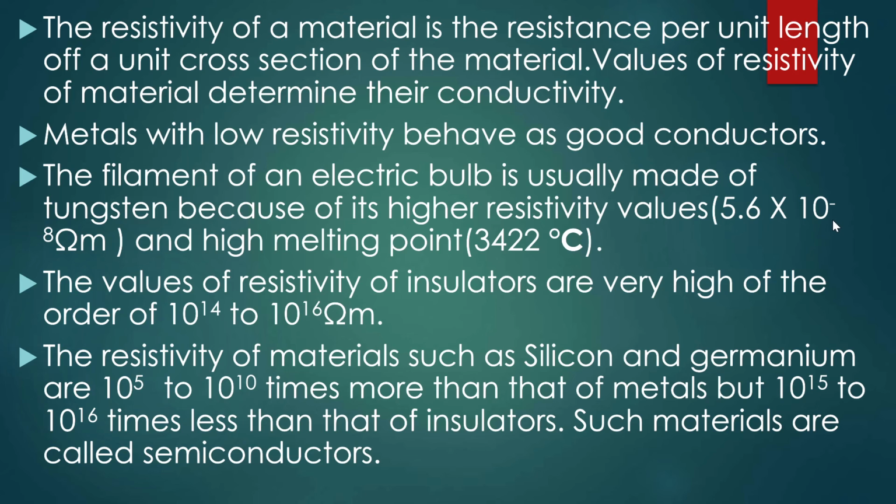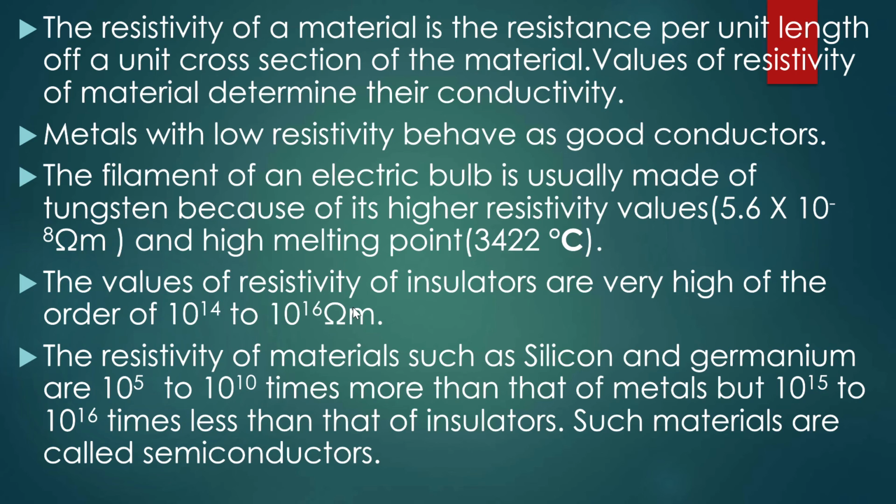This is the high resistivity of tungsten filament, and its melting point is also of a higher order, that is 3422 degrees Celsius, and hence we use tungsten as the filament of an electric bulb.